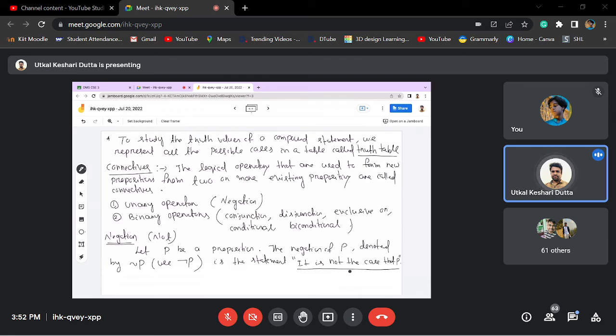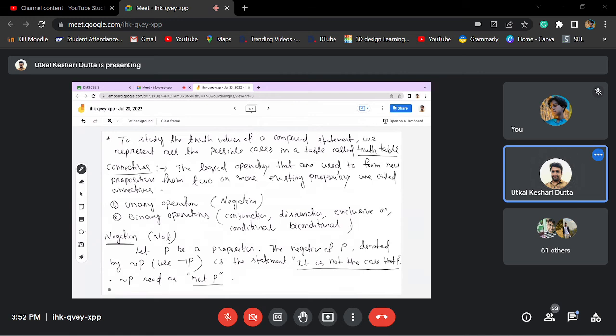That will be the negation of that proposition P. This negation of P you can read simply as not P. Not P means the negation of P.